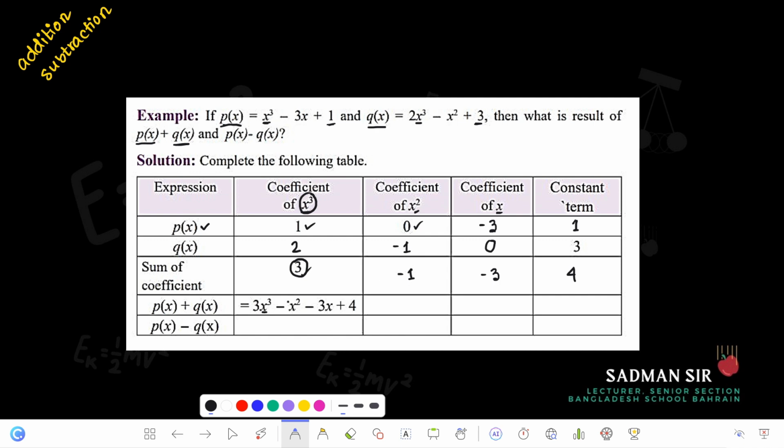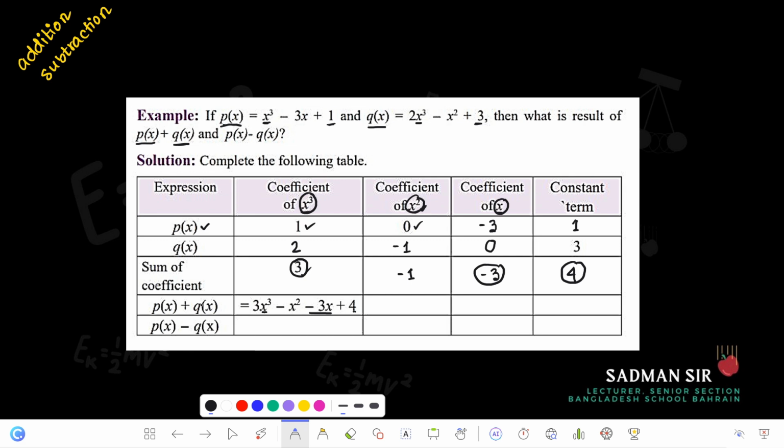So we have -1, we don't have to write the 1, and x square because it is the coefficient of x square, right? And then we have x and we have -3 here, so it will be -3x. And the constant term we have 4, so we got 4. Okay, so that is the result of p of x plus q of x.